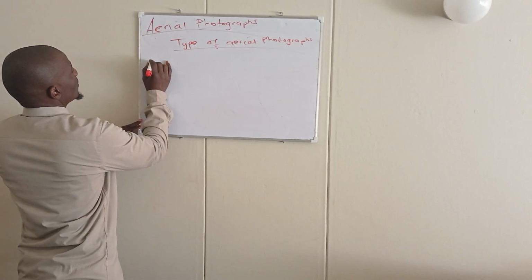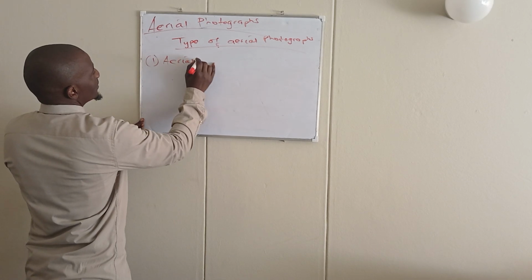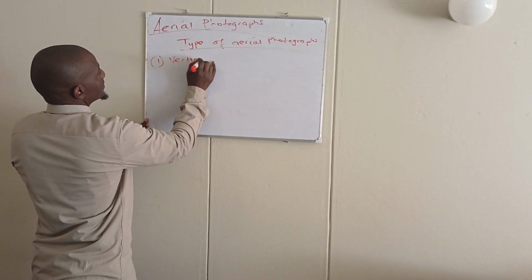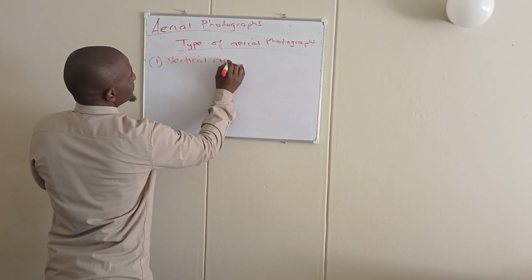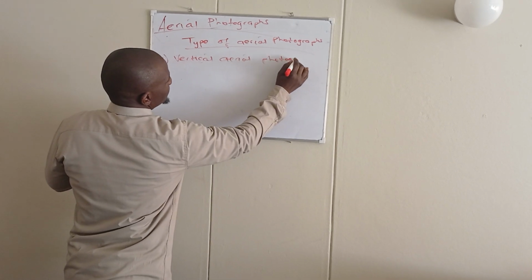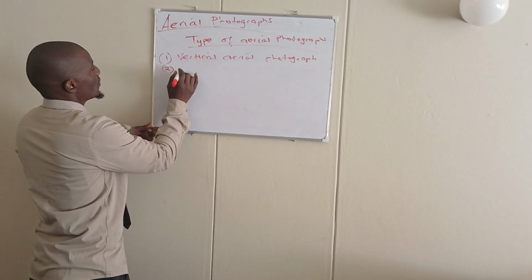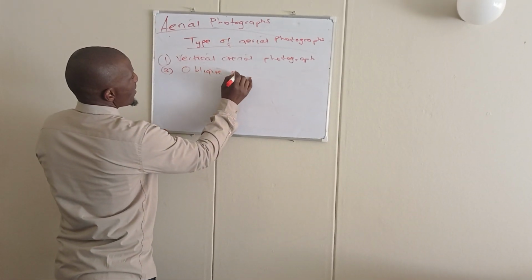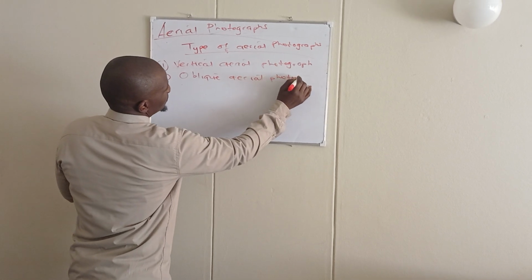Number one, we have got the vertical aerial photograph. Then number two, we have got the oblique aerial photograph.